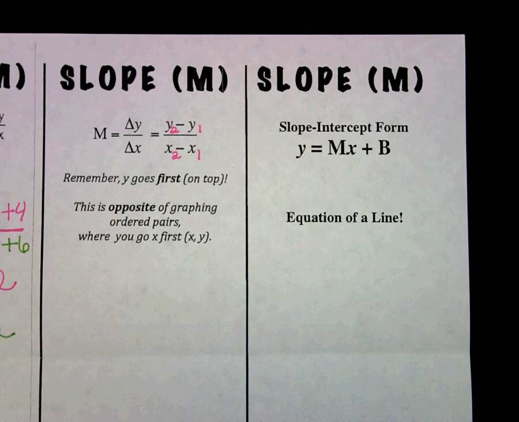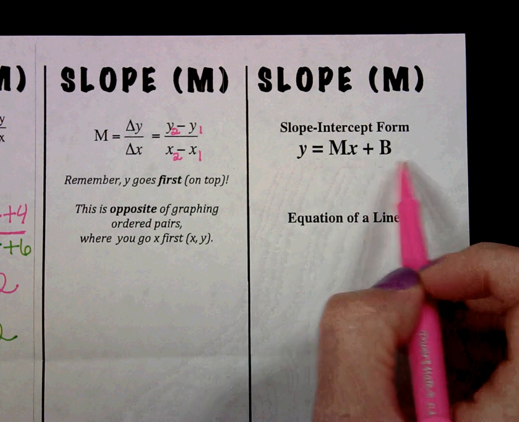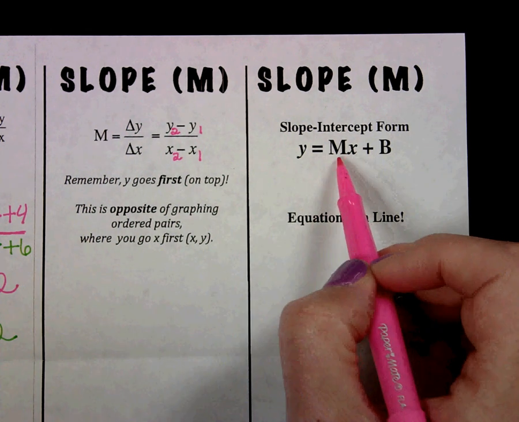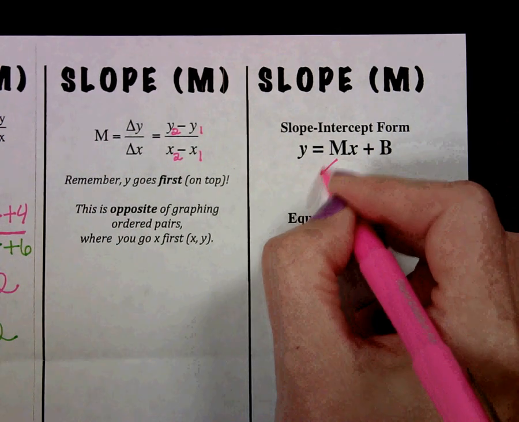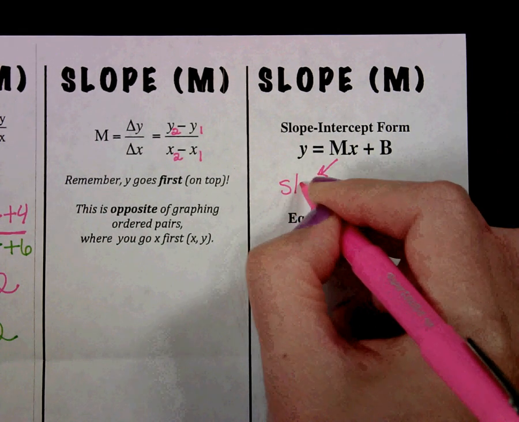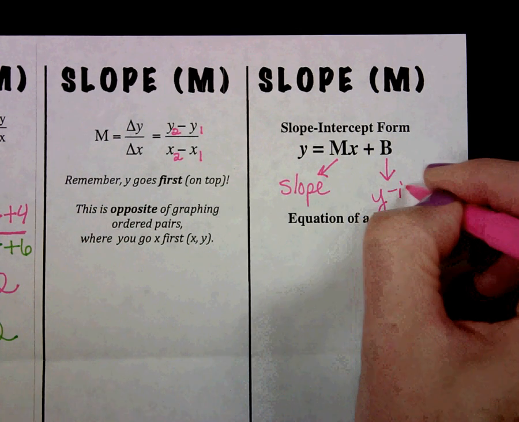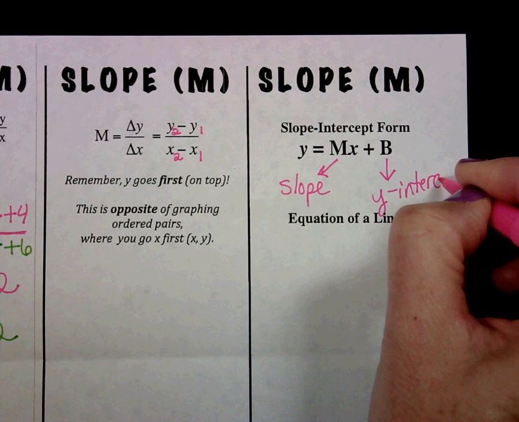The last way you might have to identify slope is from an actual equation. This is slope-intercept form. It is a form of a linear equation, y equals mx plus b. Remember, m stands for the slope, b stands for the y-intercept.